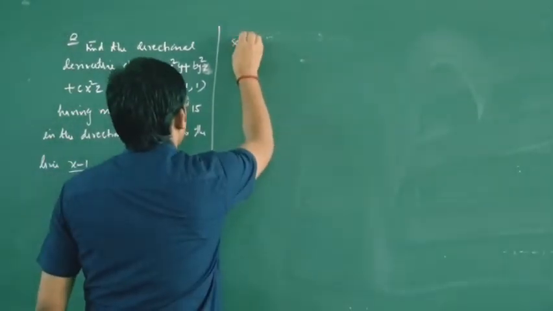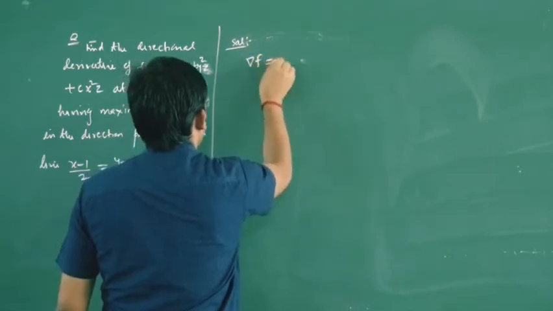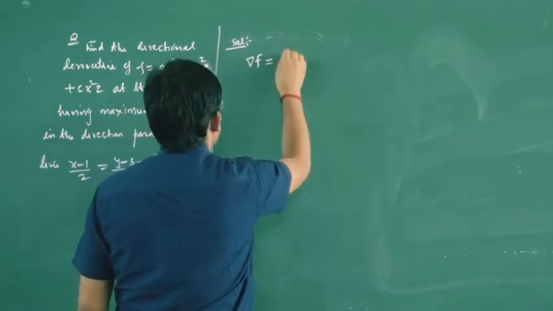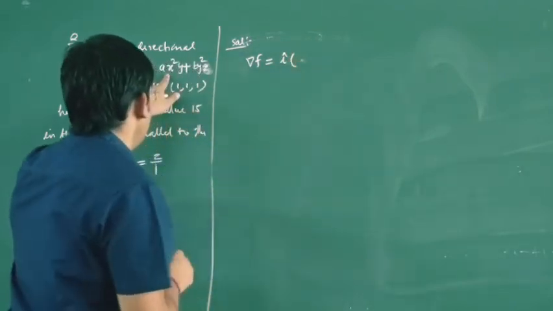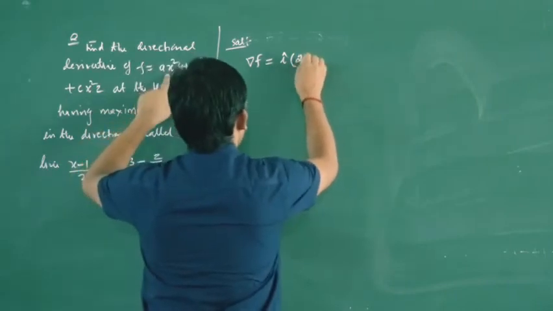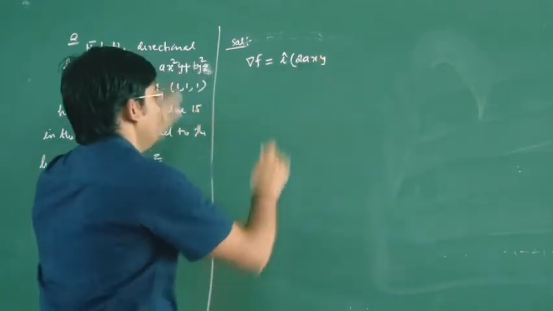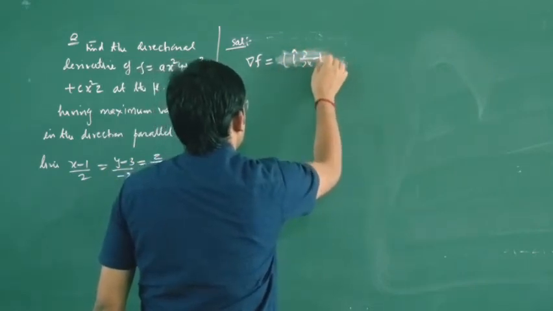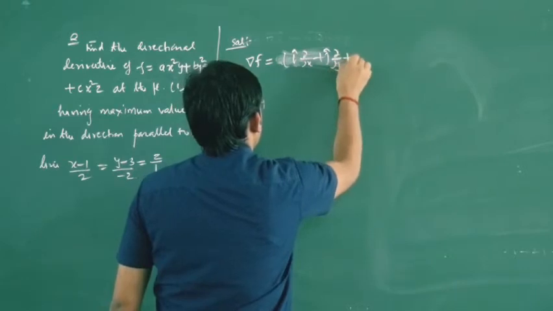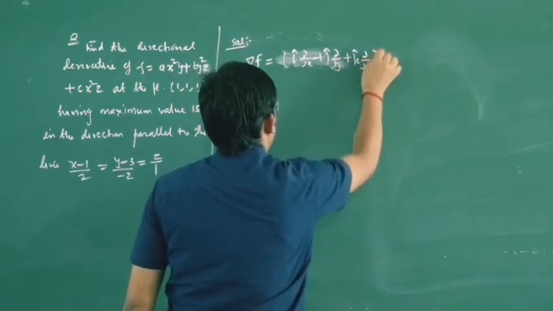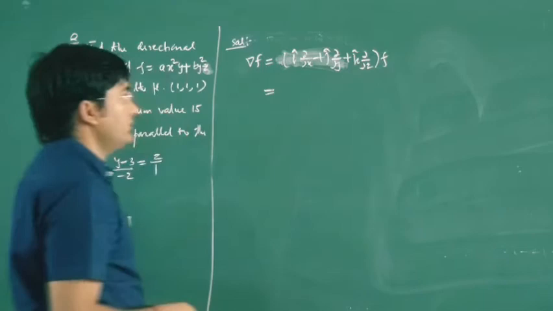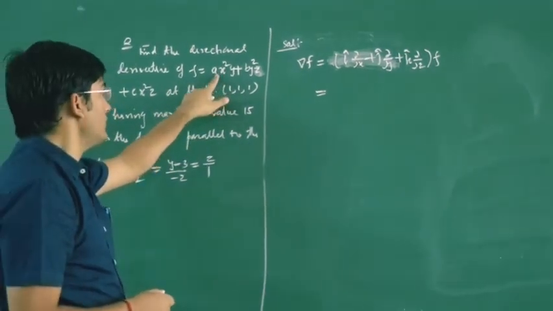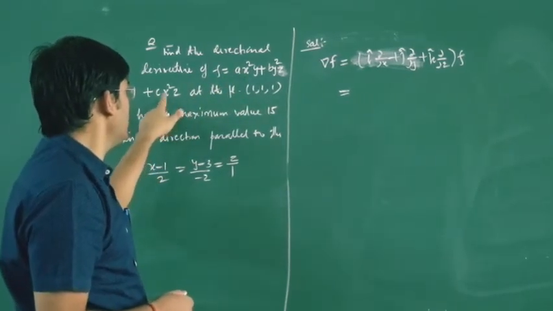Let us find out grad f. Grad f is i del by del x plus j del by del y plus k del by del z of f. In f we have two components of x: one is a x square y, another is c x square z.